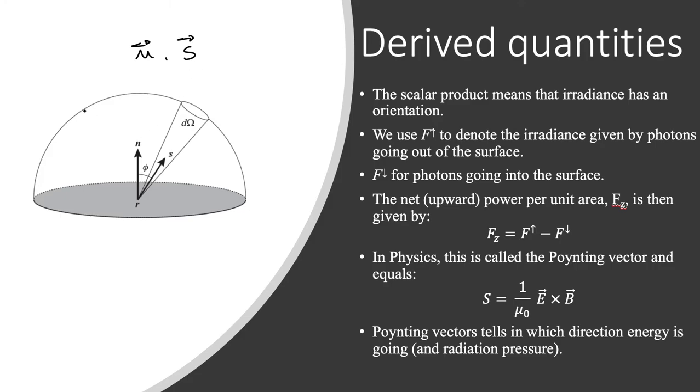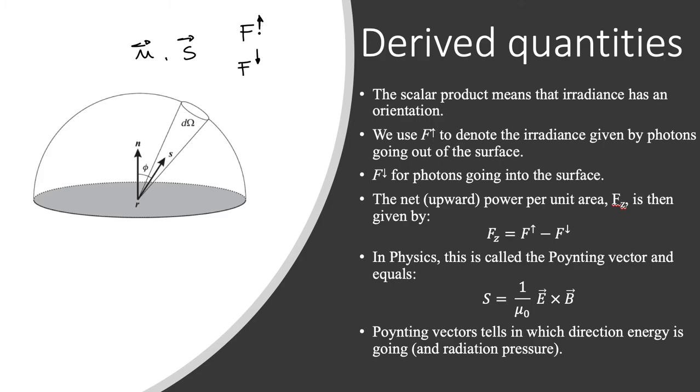And if the beam of light is coming in, because the vectors are directed in the opposite direction, this cross product will generally be negative. The first case we will denote with an upward pointing arrow, and the second case with a downward pointing arrow.